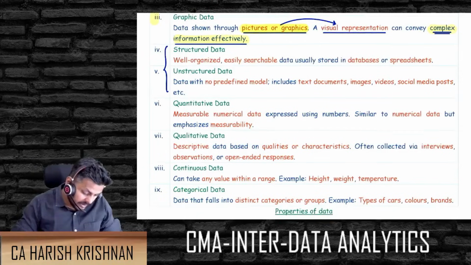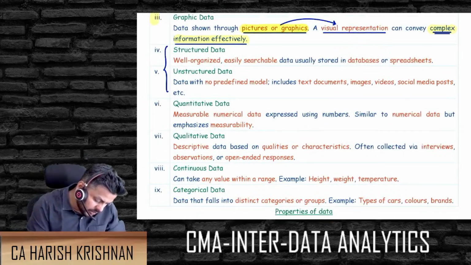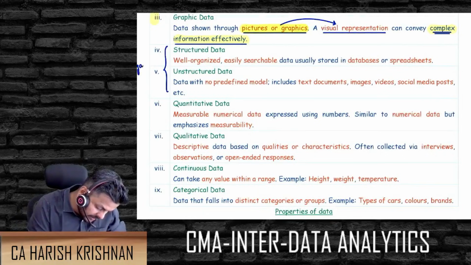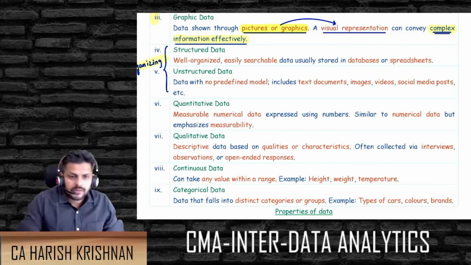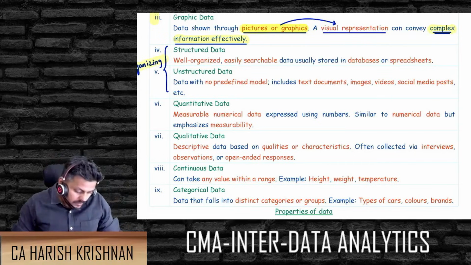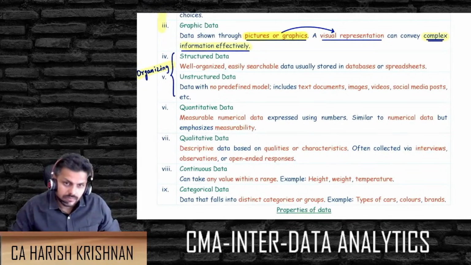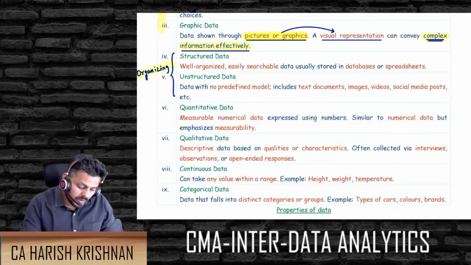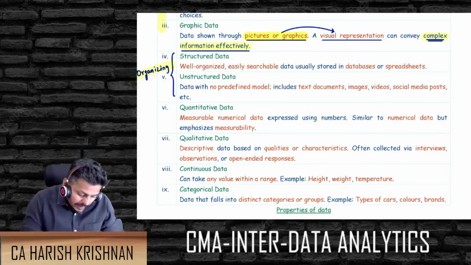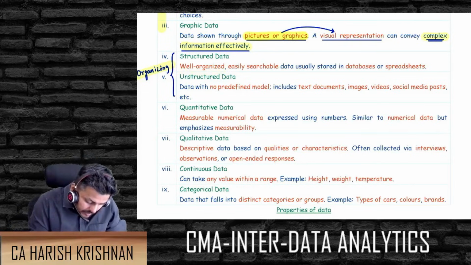So for your convenience, you can put it like this: data based on organizing. Based on organizing, you can see that data is classified into well organized data, which is called structured data.